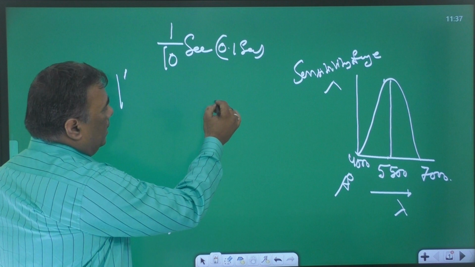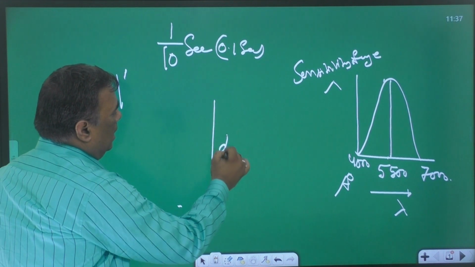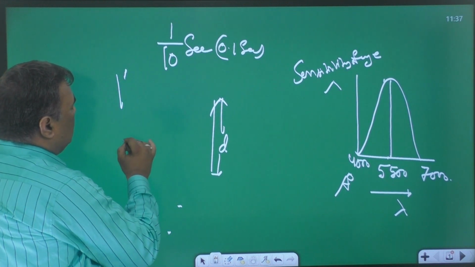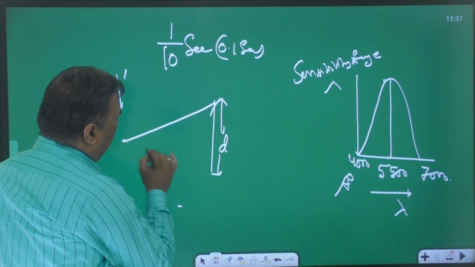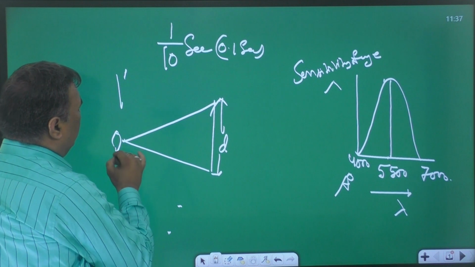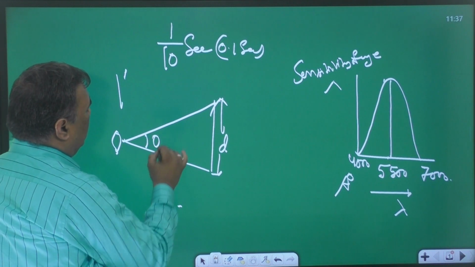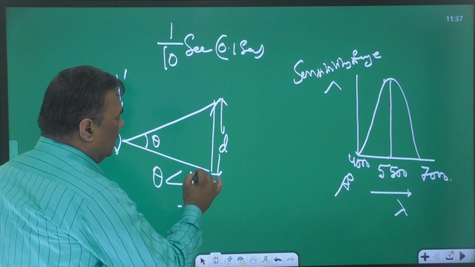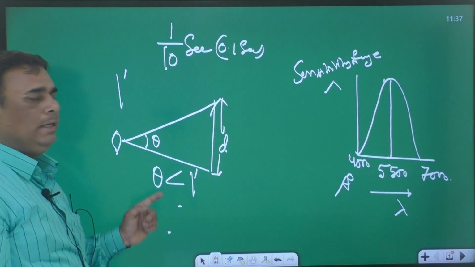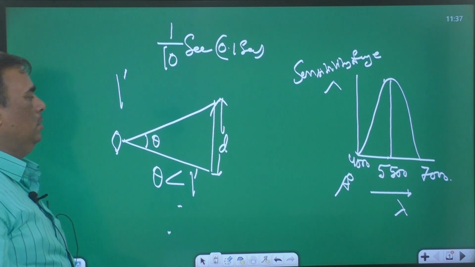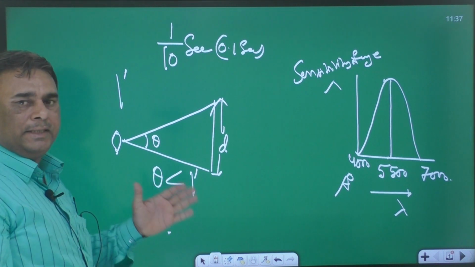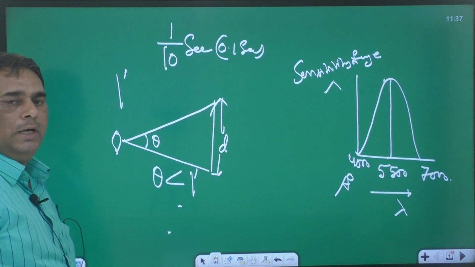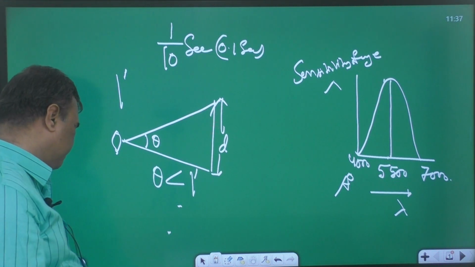If two objects are placed at a distance d and they subtend an angle theta at the retina, and theta is less than 1 minute, our eye cannot separate the two objects distinctly. This is the meaning of the resolving limit of the eye.